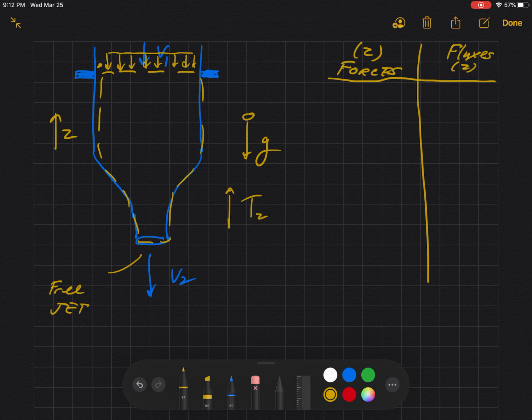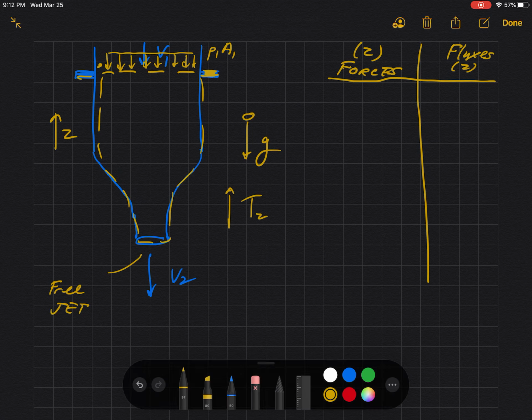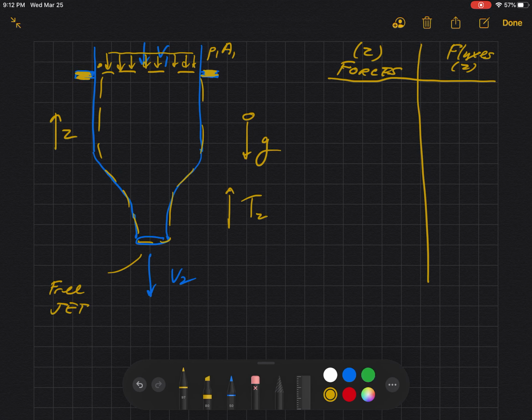And if it's positive, you know that you guessed correctly. That is my advice for this support force. And again, the support force in this case is being provided by the flange here, okay? And you want to head towards the forces and the fluxes for this, okay?